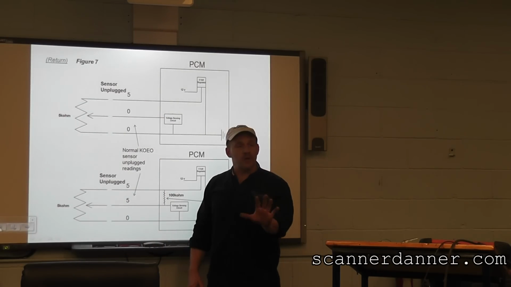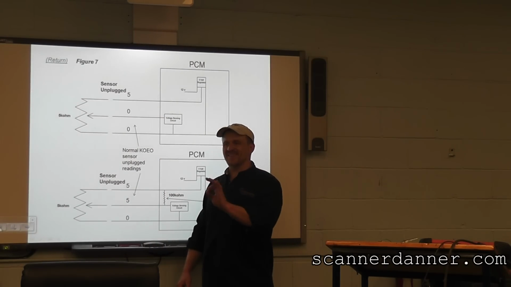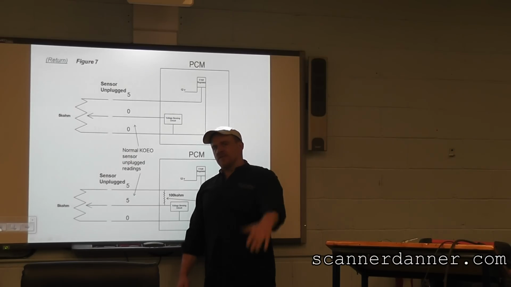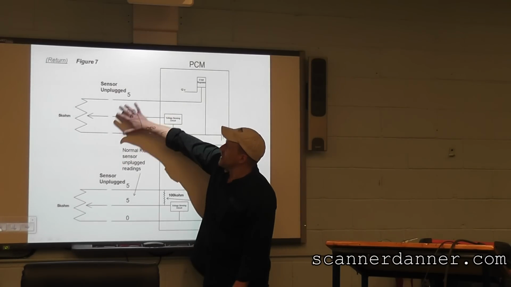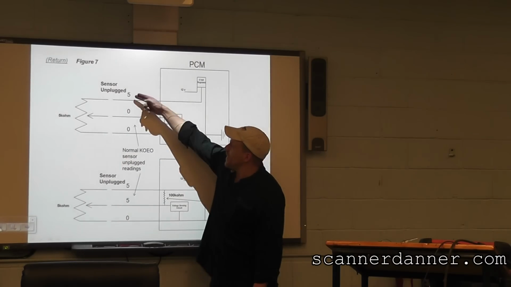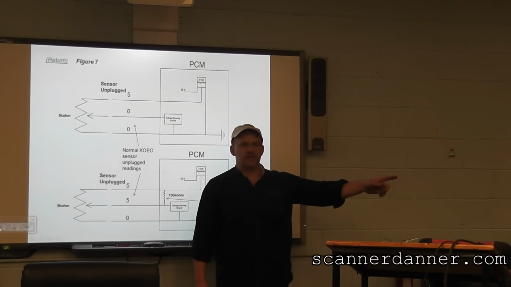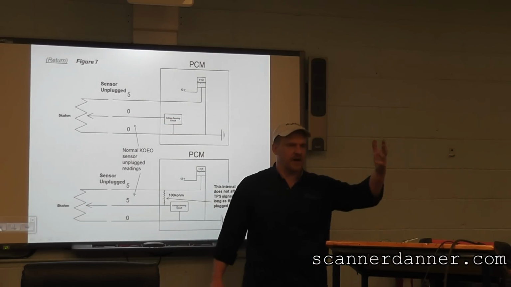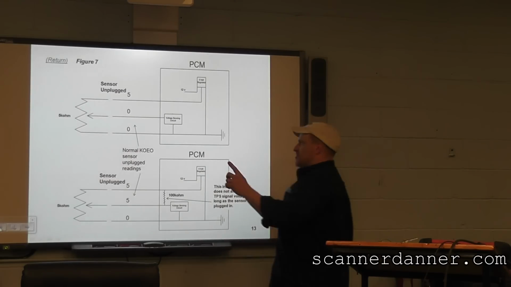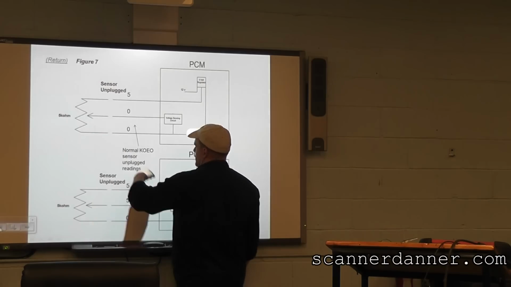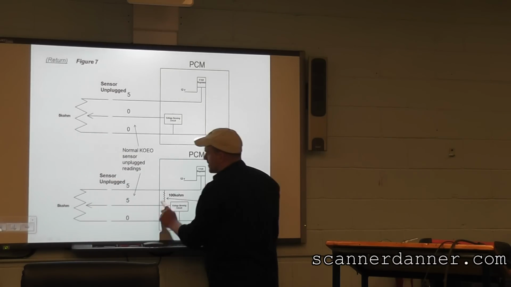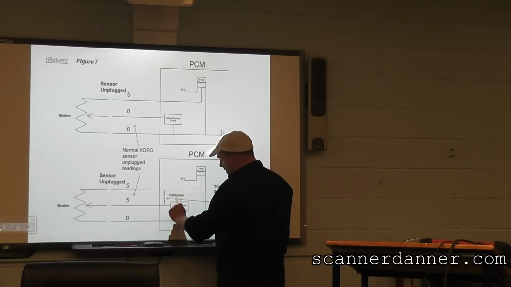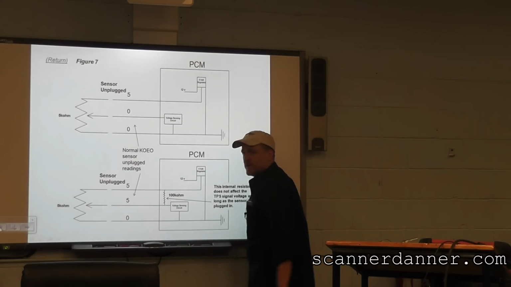These are normal, guys, normal, disconnected sensor readings. A circuit that does not use this resistor, 500, very similar to what I saw on the Honda. 5.180, close enough to 500. A circuit that uses this resistor unplugged, we see 5, 5, and 0.